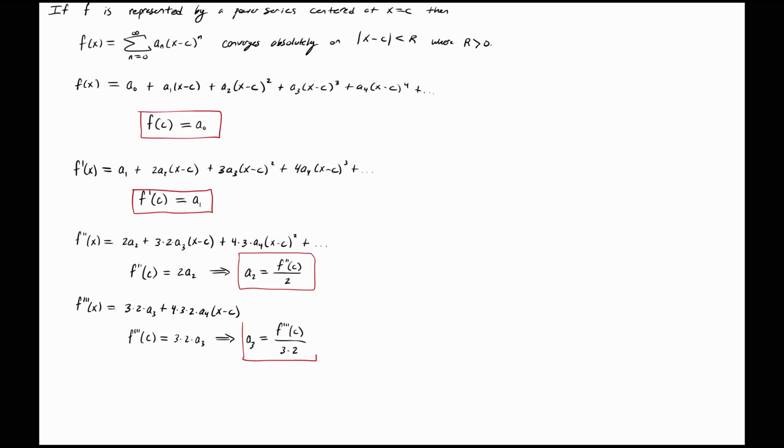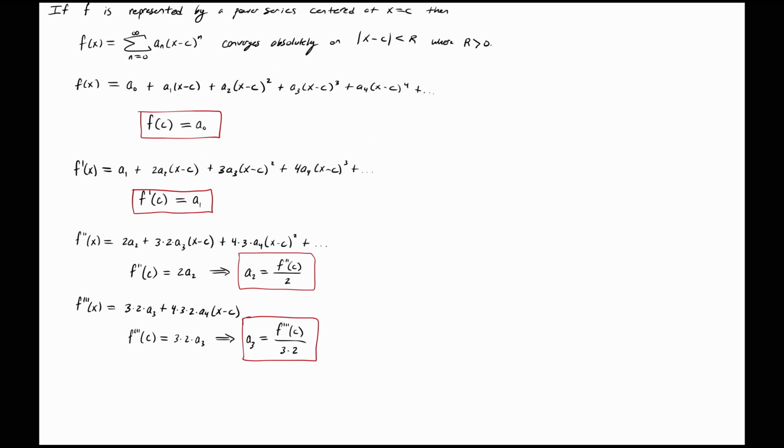Yes, I could write 6, but I'm choosing not to because most of you can probably see where this is going. 3 times 2 is 3 factorial. Although there's no 1 here, I mean, there kind of is, right? We can always think of everything as having a coefficient of times 1, because 1 times anything is itself, so we're free to think of it that way if we wish to.